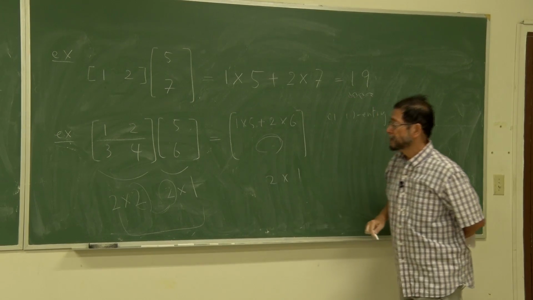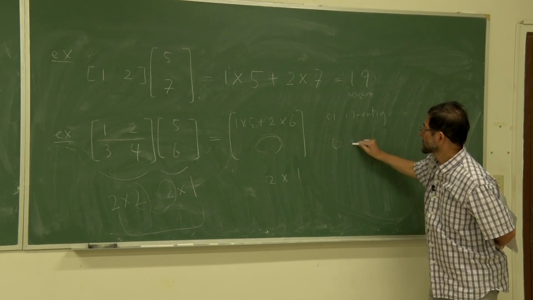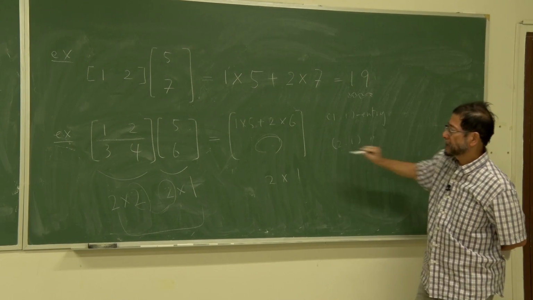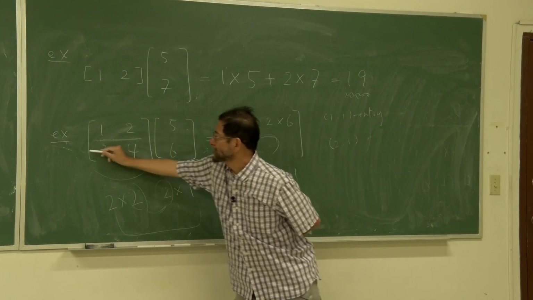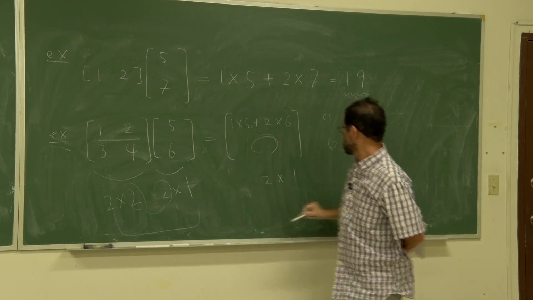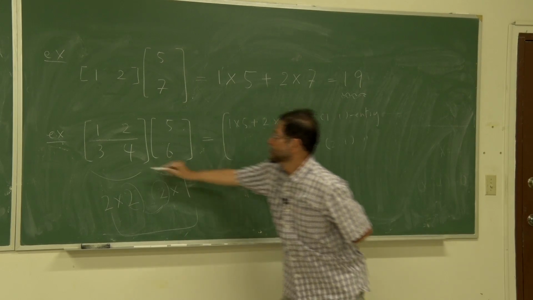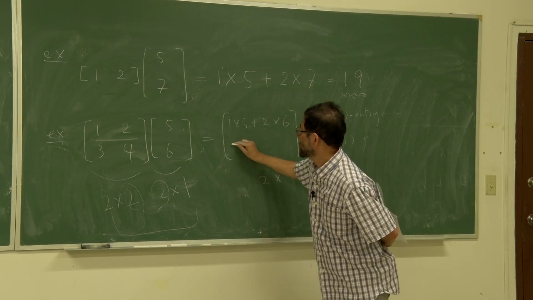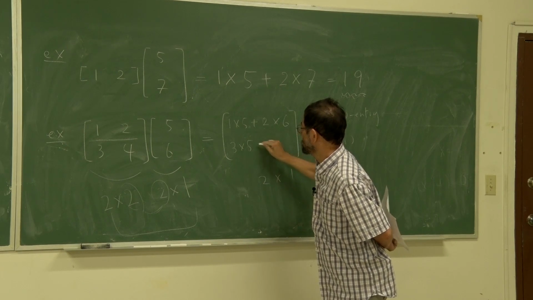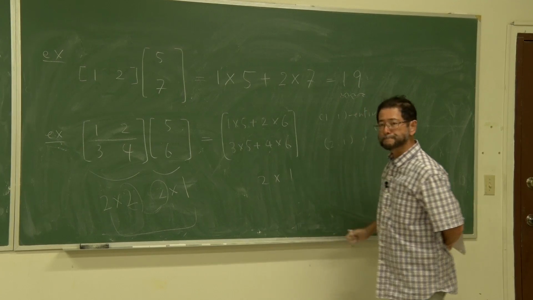If you want the 2, 1 entry, you multiply row 2 and column 1. That's the rule. So 3, 4 times 5, 6 gives 3 times 5 plus 4 times 6.